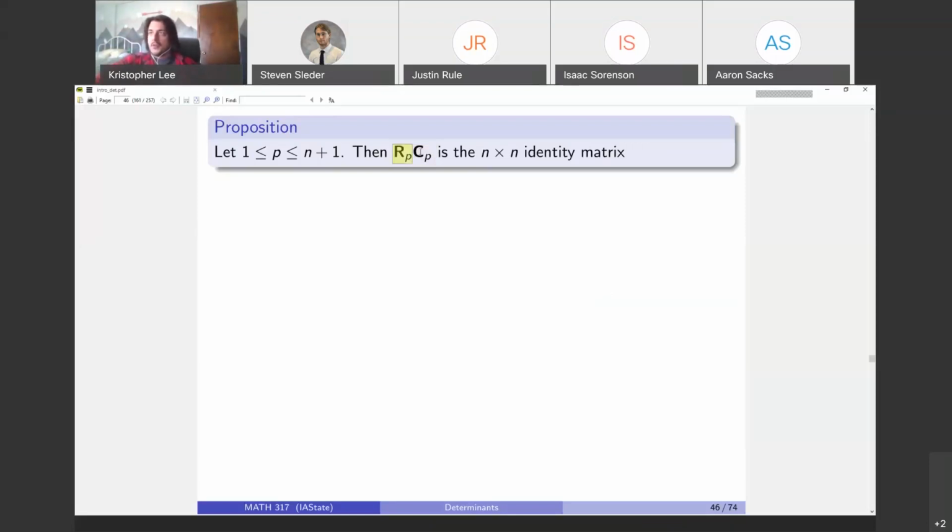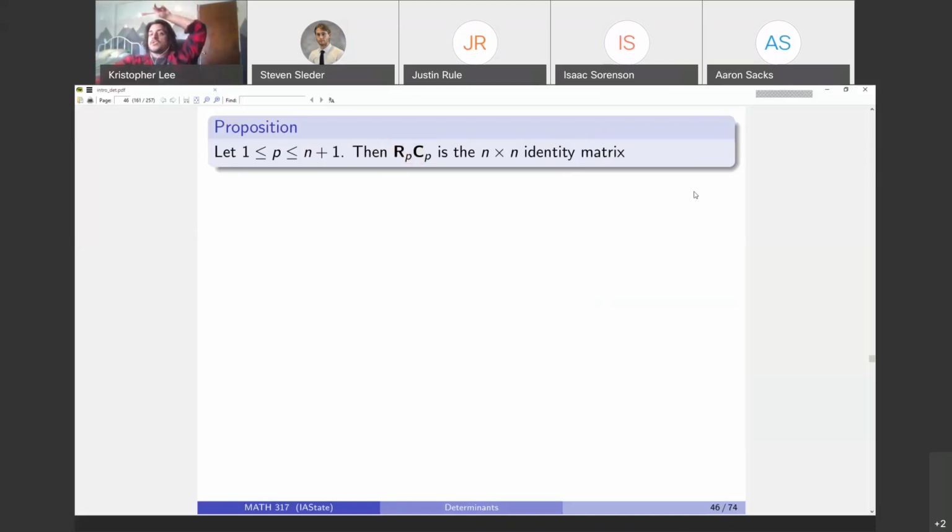And it turns out that if you were to multiply an RP and a CP, where the P row and P column are the same, and we're talking n by n plus 1, then this thing will be the n by n identity matrix. So, for example, take the 3 by 3 identity matrix. If you delete the second row and the second column, you'll just get the 2 by 2 identity. Likewise, if you take the 3 by 3 identity, delete the first row and the first column, you'll get the 2 by 2 identity.